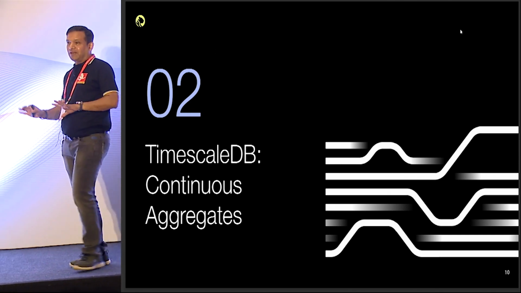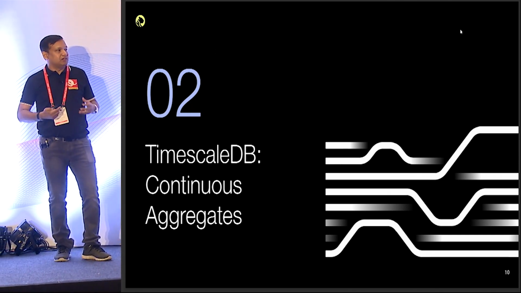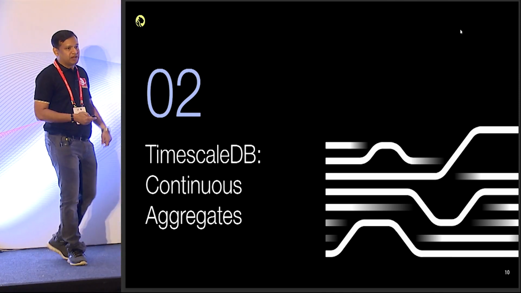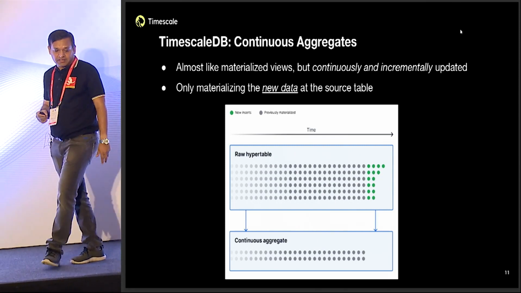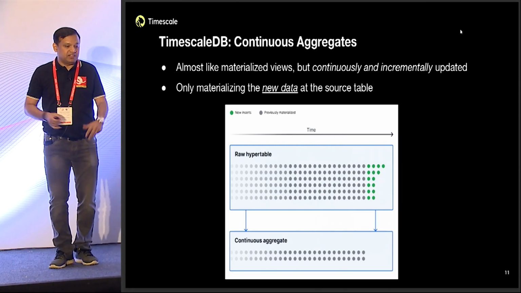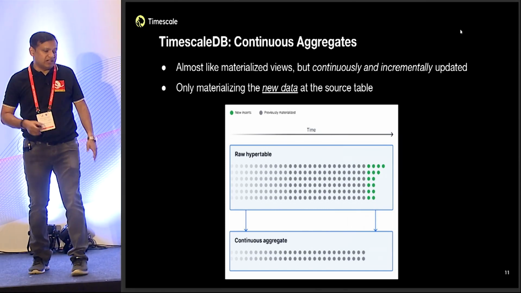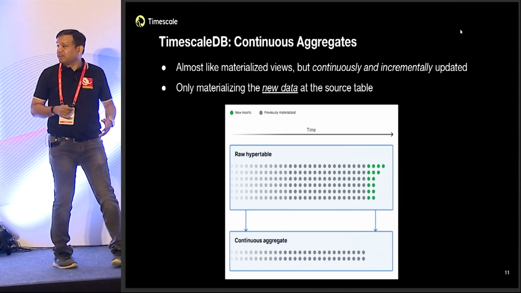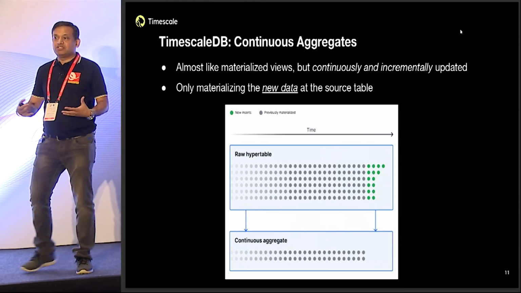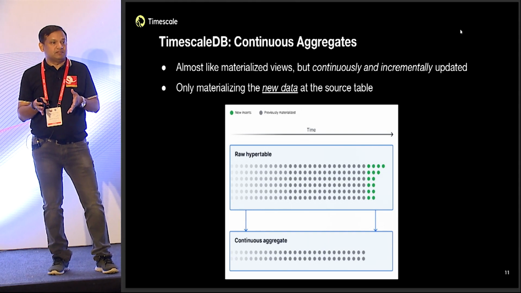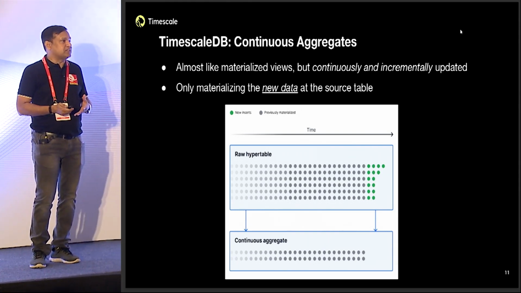So we at Timescale tried to find a solution to this, and we call them CAGs, continuous aggregates. What are continuous aggregates? They are basically materialized views, but they are continuously and automatically incrementally updated. The idea here is to keep track of the new data that's entering into your source table and keep on additionally materializing that.